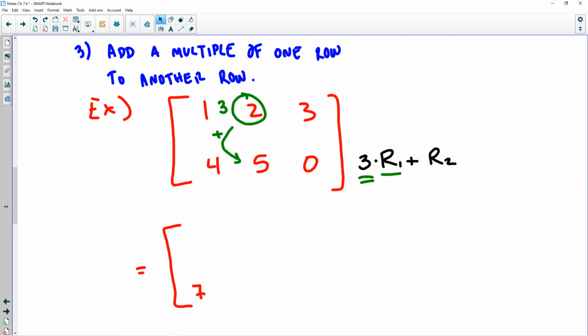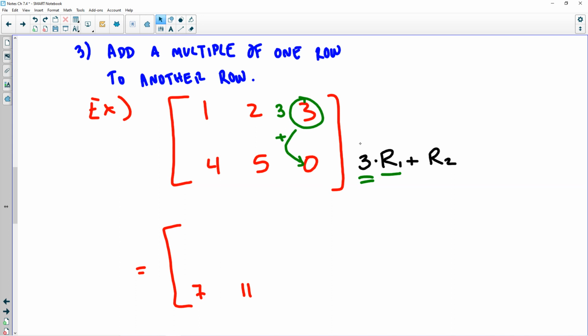Okay, next one. Let me group that together. I'm going to be taking row 1, which is the number 2, multiplying it by 3. Multiplying it by 3 is the correct way to say it. Multiplying it by 3 makes 6. 3 times 2 is 6, plus 5 gets you 11, and that goes into row 2. Next one.